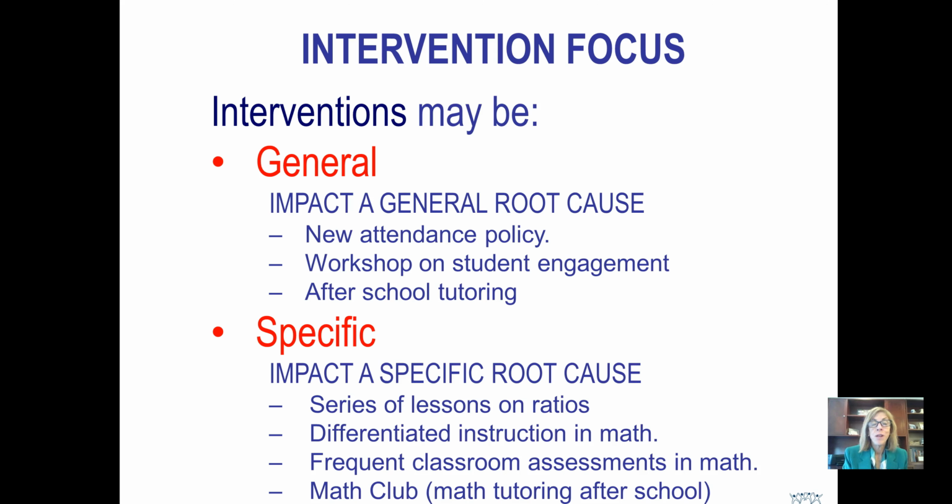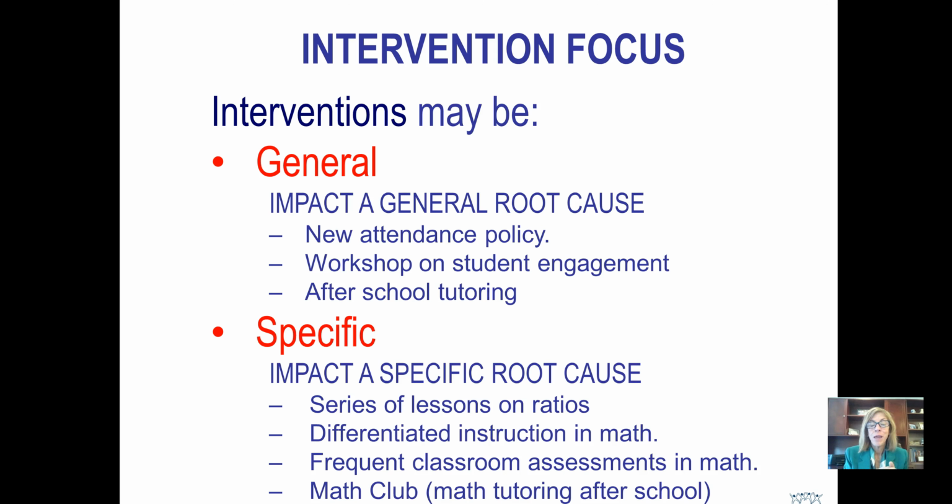So maybe you've identified that your kids aren't mastering ratios because they're disengaged in class. So an intervention might be differentiated instruction to make sure that kids are engaged in their learning. So again, very specific to that specific SMART goal and the specific root cause.